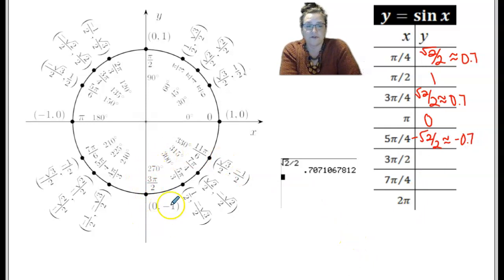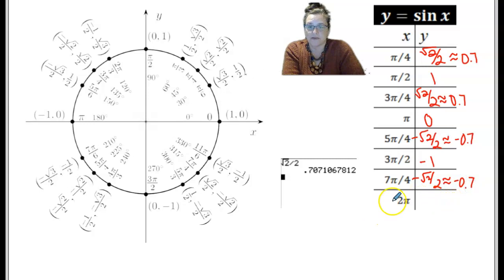Then 3 pi over 2 is the negative y-axis, and that has a sine of negative 1. 7 pi over 4 is in quadrant 4, and that's a negative root 2 over 2, which is approximately negative 0.7. And then 2 pi brings us back around for a full revolution of our circle, where the sine is 0.